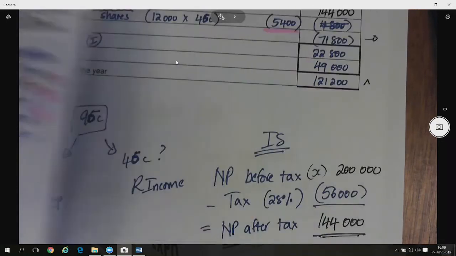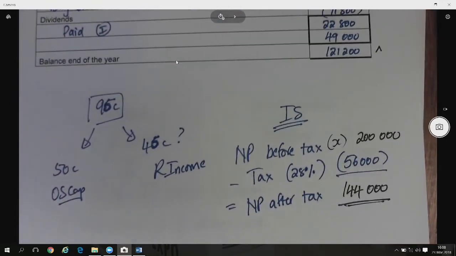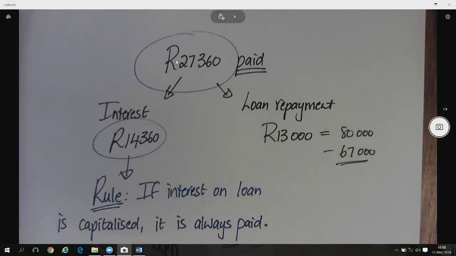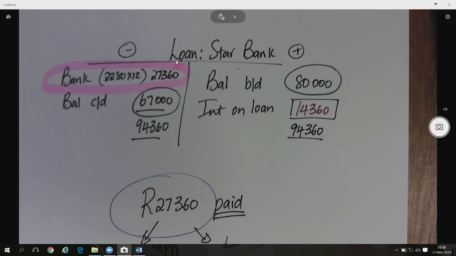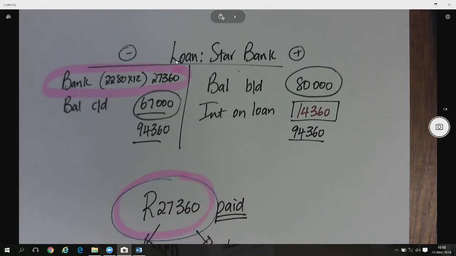We also do the loan. Remember, we split the 95 cents between 50 cents in the ordinary share capital and 45 cents in retained income. We do the loan account to calculate the interest on loan, because we need it for note number 1, and then to see what happened with the 27,360.